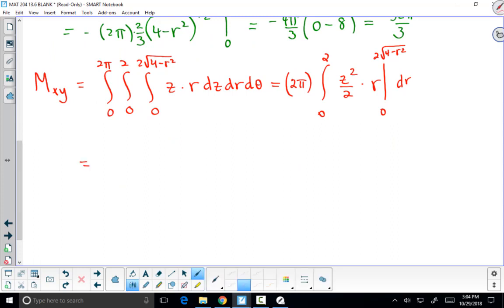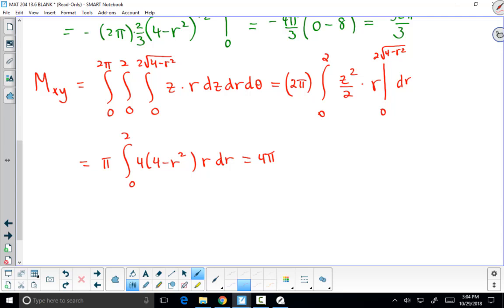Okay, so the 2's cancel, so we have a pi out in front, integral 0 to 2, and then the 0 gives nothing, so all we do is square that upper limit, right? So we get 4 times the quantity 4 minus r squared, all multiplied by r. So the 4 comes out to the front, multiply by r and integrate.